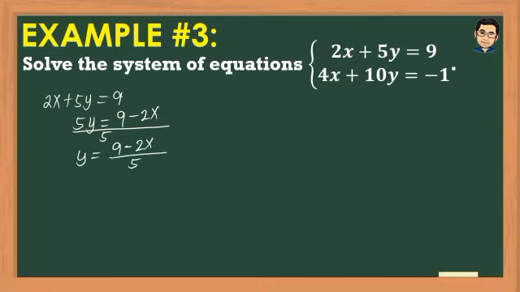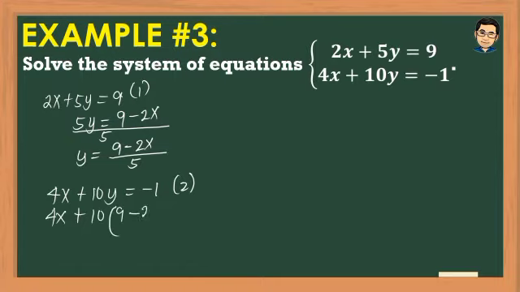So yung nakuha nating equation na y is equal to 9 minus 2x over 5, isa-substitute natin sa second equation. So 4x plus 10y equals negative 1. So ito po yung ating second equation. Ito naman ang ating first equation. So 4x plus 10, yung y magiging 9 minus 2x all over 5 equals negative 1.